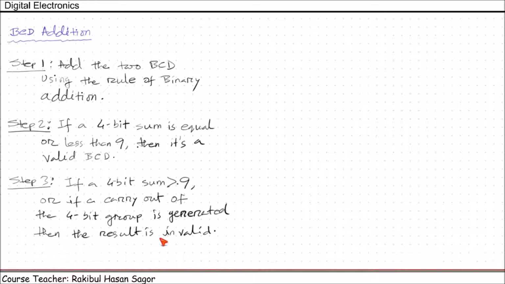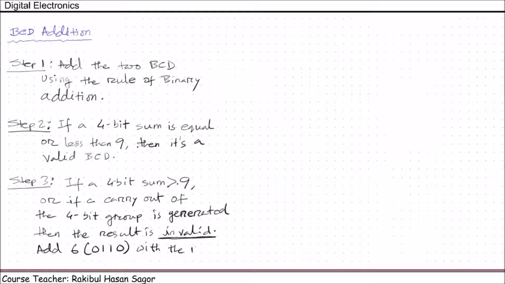If we get invalid BCD in the result, then we need to add 6. Add 6, that means 0 1 1 0 with the result. That will give you a valid BCD output.